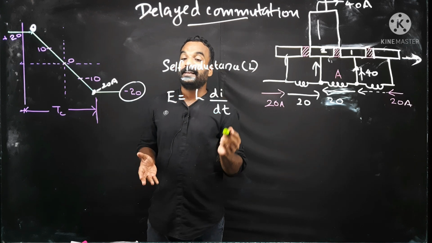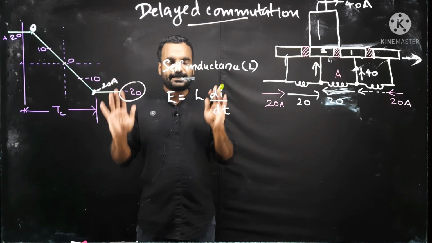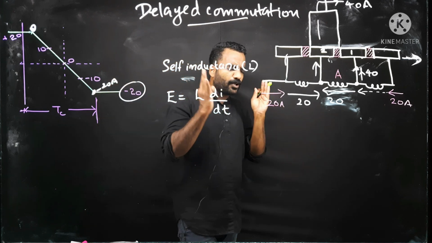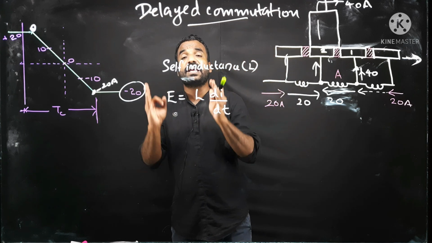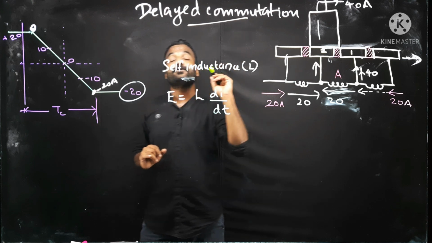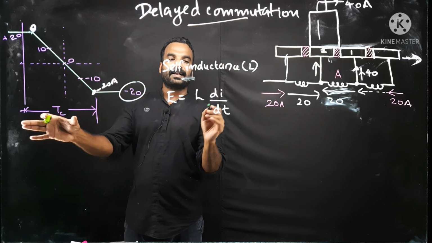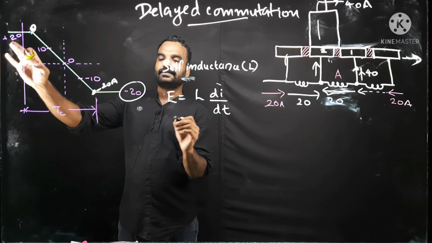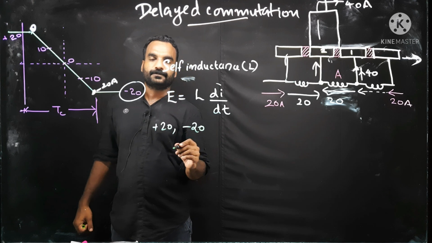So what happened? An EMF is induced inside that coil. So this is the point. In any coil, if there happens a sudden change in current, a self-induced EMF is induced. So in this case, what is di? Current is changing from plus 20 to minus 20.